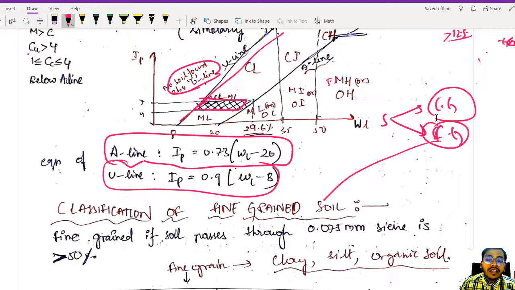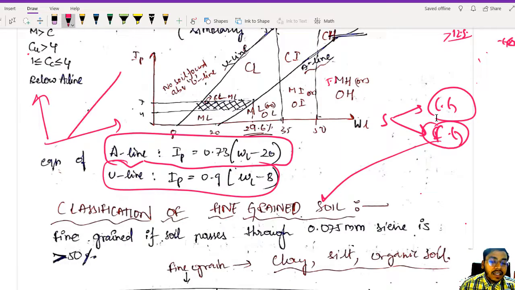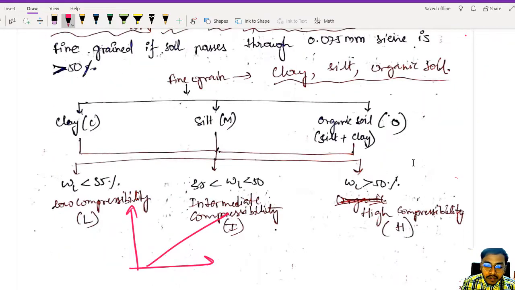Now let us see our fine grain classification. Very easy. It is similar to this curve only. It depends completely on your A line. If your liquid limit is less than 35%, this liquid limit corresponds to 35%. Draw one more line which corresponds to 50%. So you have this A line.